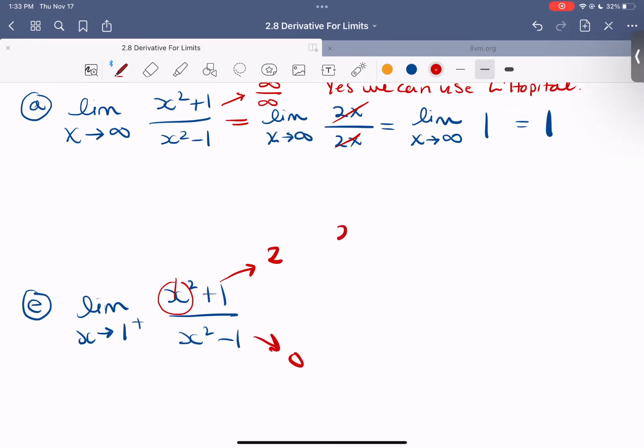So here the form is 2 over 0. We're dividing by 0 in the form, but that's not one of the forms that we can use with L'Hopital's rule.